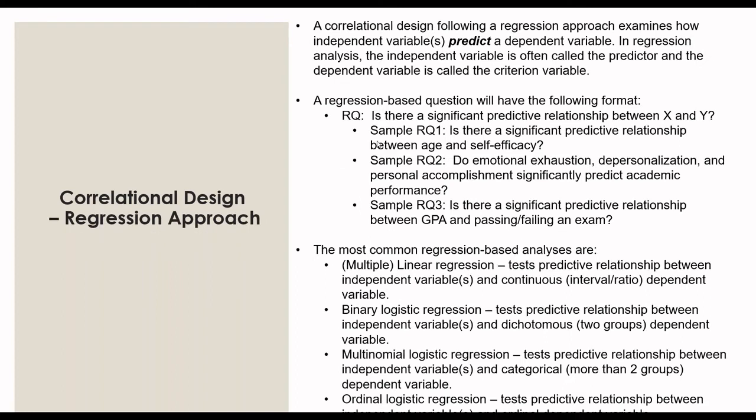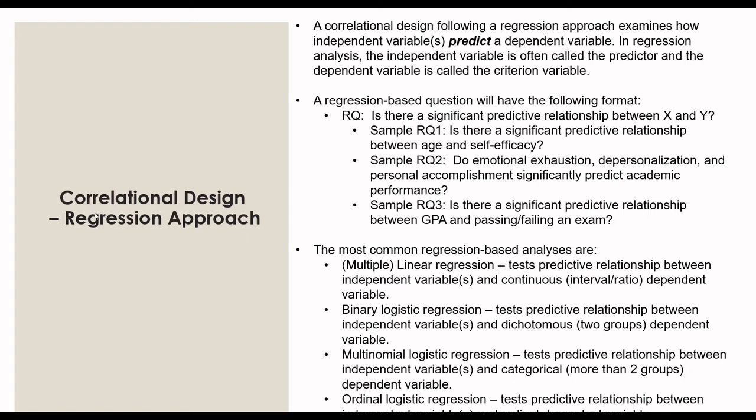Okay, so the first correlational approach we discussed was the correlational analysis. The other branch from that correlational design is a regression approach. So for a regression, the key idea is you're trying to predict an outcome.